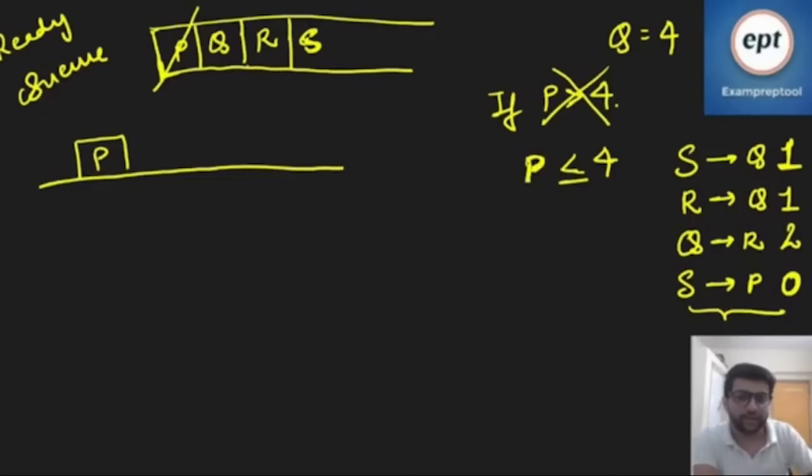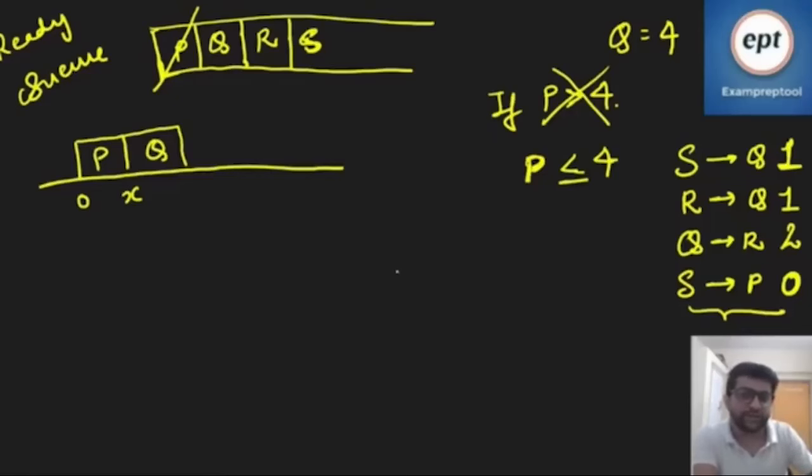Now, the process Q arrives in the ready queue. So P executes from 0 to, let's say, some time x. After that, the process Q arrives. So Q will be scheduled here. We have been given that there is a context switch from S to Q, right?